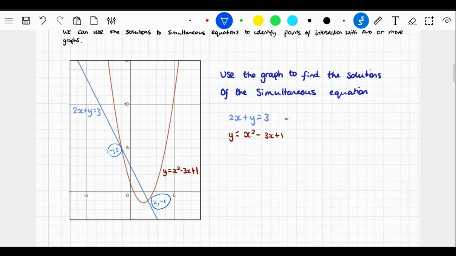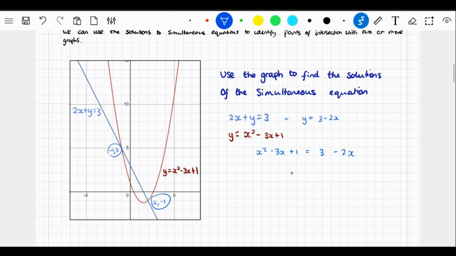Now we're going to find this out and basically prove this by doing this bit here. So if we then say y equals 3 minus 2x, then we can say that x squared minus 3x plus 1 is equal to 3 minus 2x.